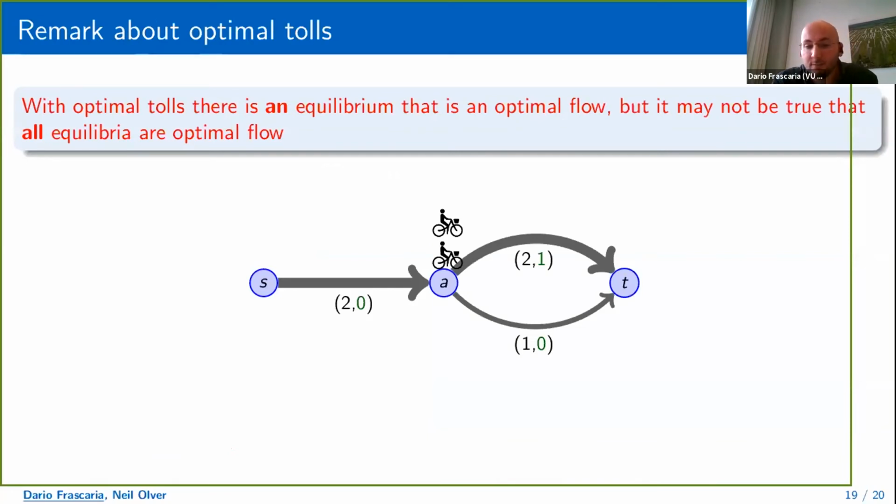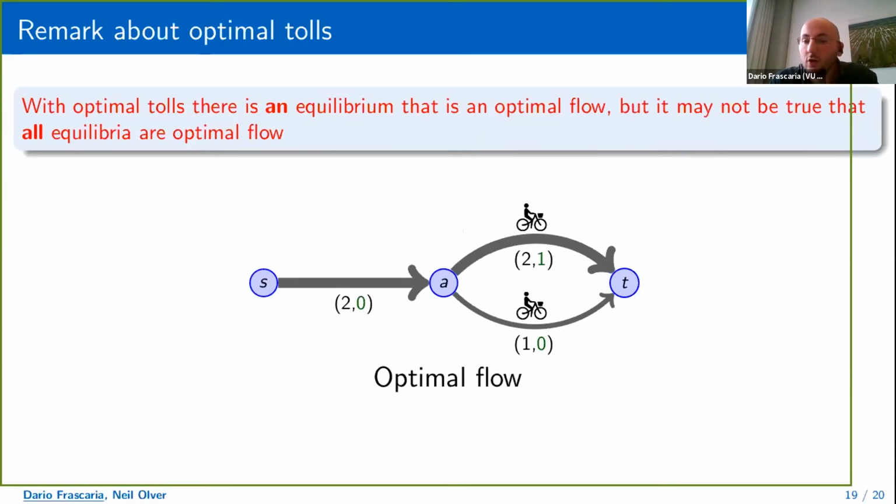Here we have a very simple network with two arcs AT, one with capacity 2 and transit time 1, one with capacity 1 and transit time 0. Suppose that we have two agents at A at some point. The optimal flow was to send one agent on the top link and one agent on the bottom link.